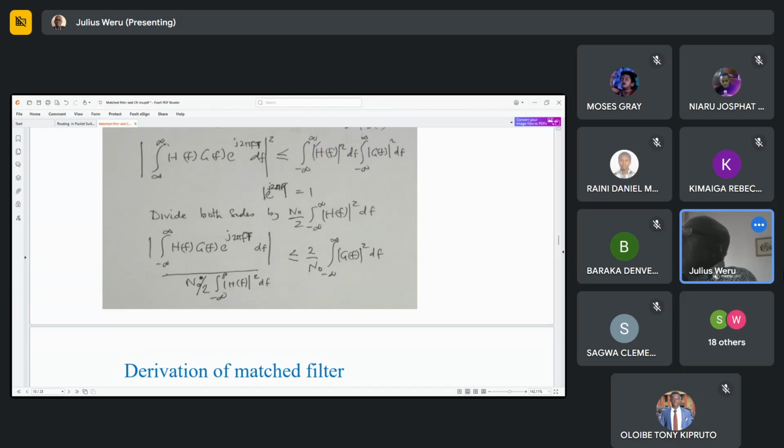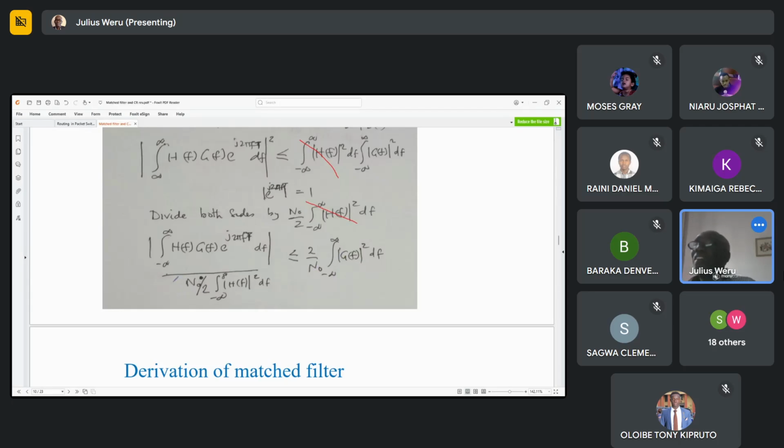Of course, this will cancel out, since this is the denominator. This will cancel out, but this will become 2 over N naught, and you are going to remain with that part.